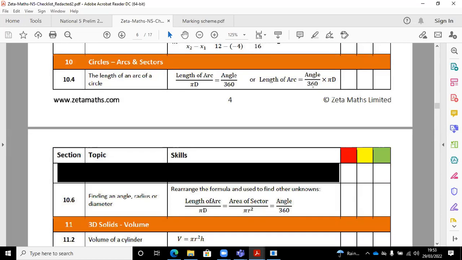In this question we're asked to find the angle, so we're rearranging this formula essentially to find the angle. So that's your missing angle. Your length of arc equals angle over 360, because 360 is your full circle. So this gives you a ratio to multiply to find out what percentage of the circumference is in the length of the arc, essentially.